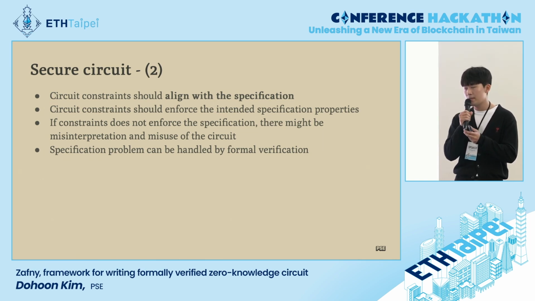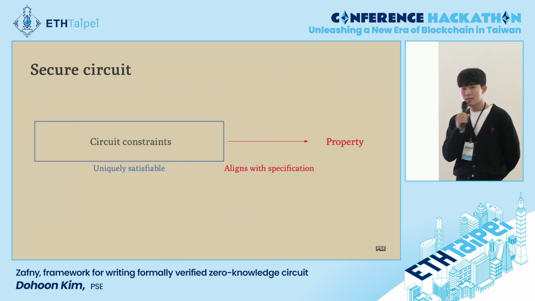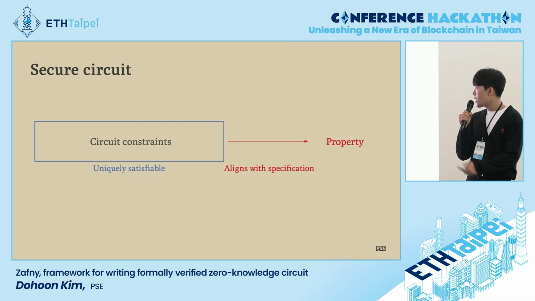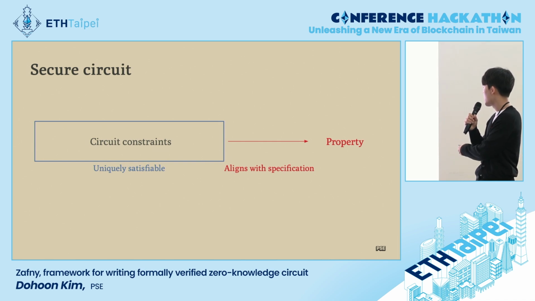This kind of specification problem can be handled by formal verification methods. This picture depicts what a secure circuit is: the constraints should be uniquely satisfiable, and they should express the desired specification property correctly.